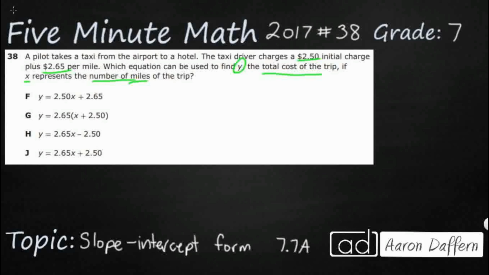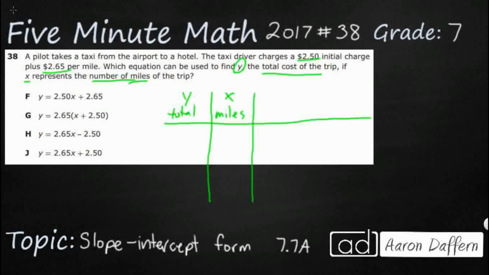So I'm going to say y, total cost, and then we'll say x, this is the number of miles. And then I'm going to need what we have.